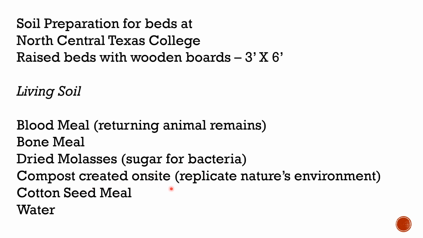Compost that was created on site, and the purpose to replicate nature's environment, getting that compost created from plants growing in that area back into the soil of that area. Cottonseed meal to help aerate the soil and get some nutrients back down in there too. Water, and it's best if you can use rainwater to really avoid the harsh chemicals that can be in our city water.